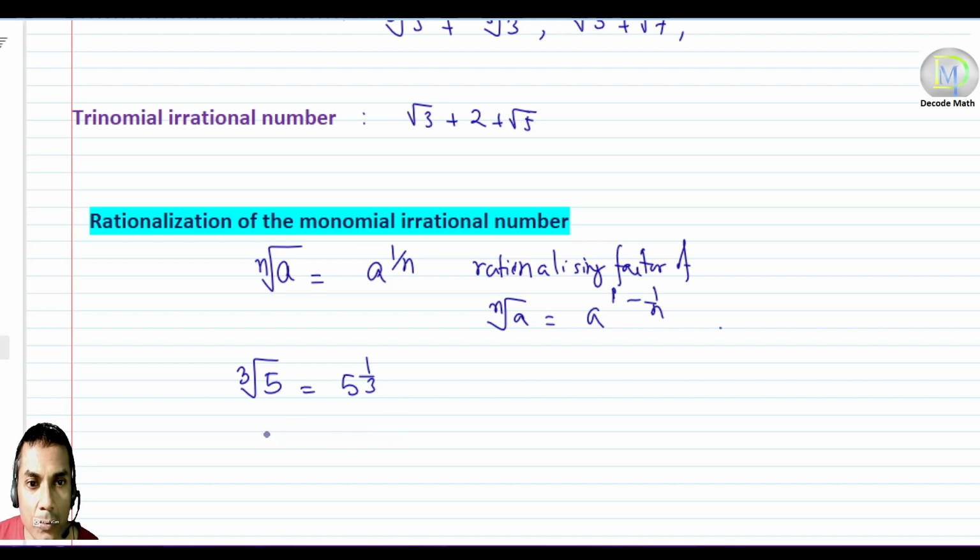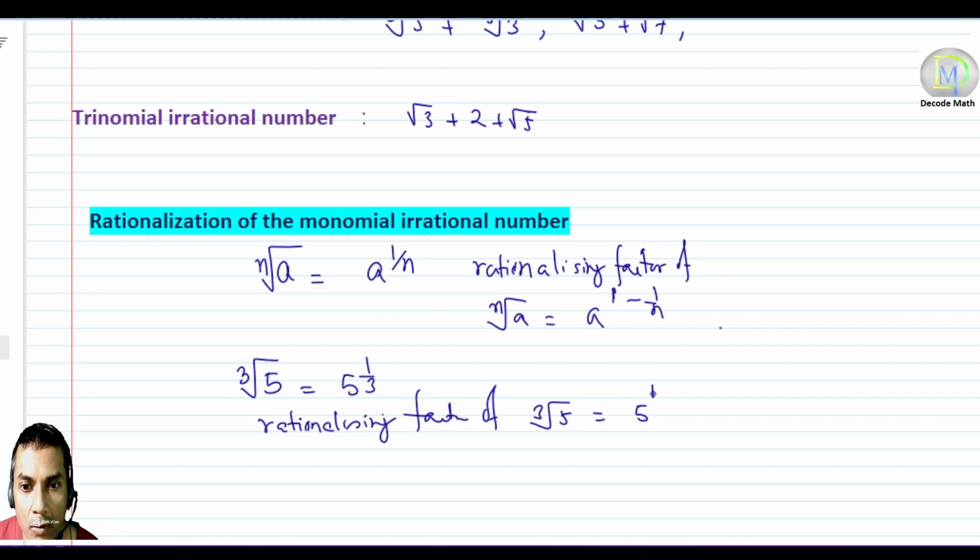So the rationalizing factor of it is 5 to the power 1 minus 1 by 3. Clear? So it will be 5 to the power 2 by 3.